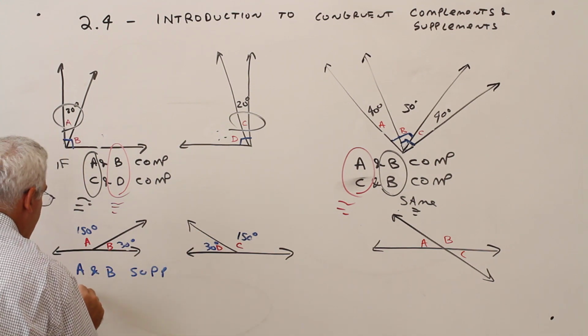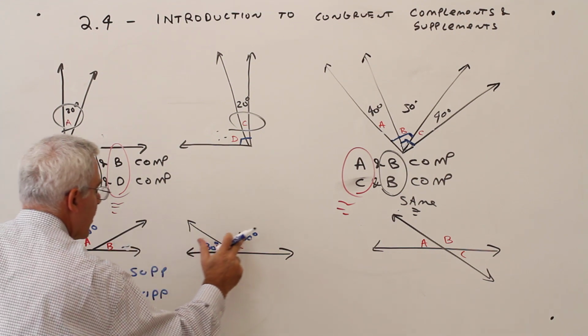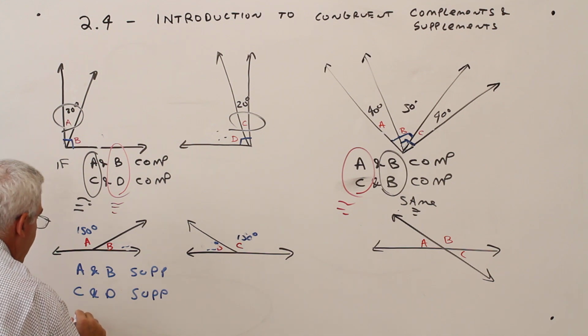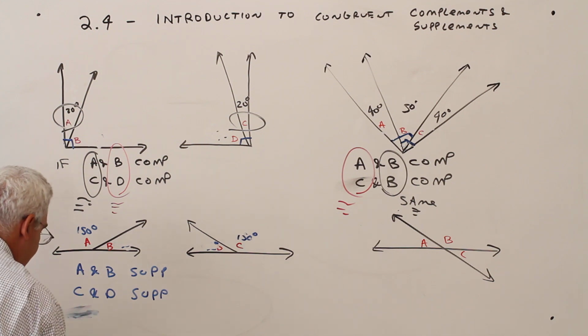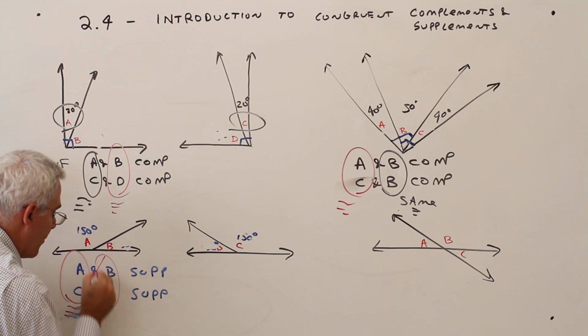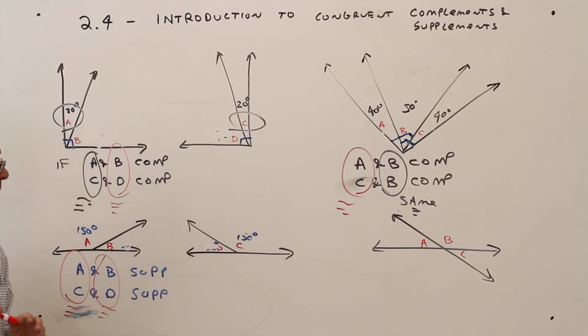I'll write C and D are supplementary. If A and C are congruent, then B and D must also be congruent. That's all I'm saying.